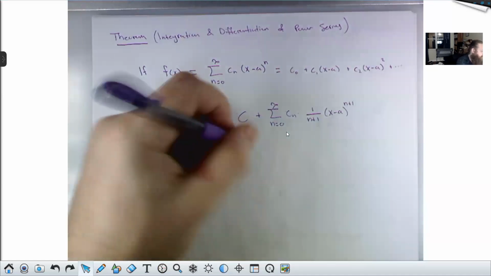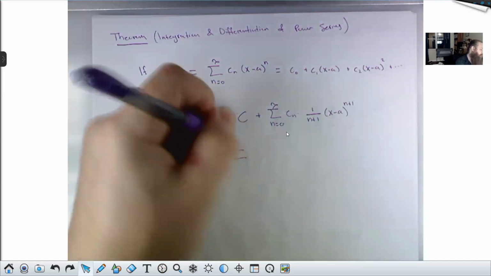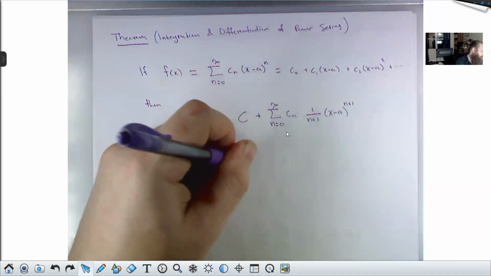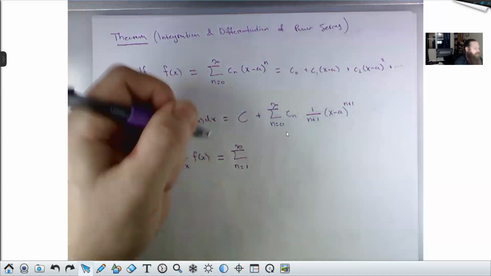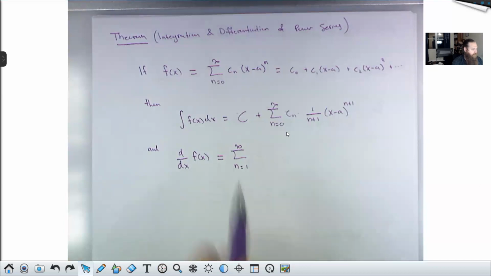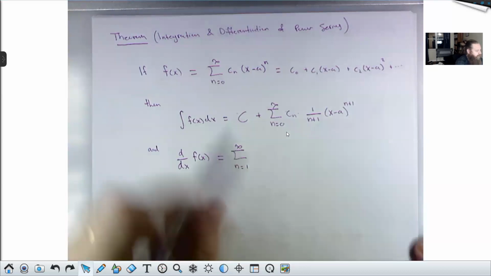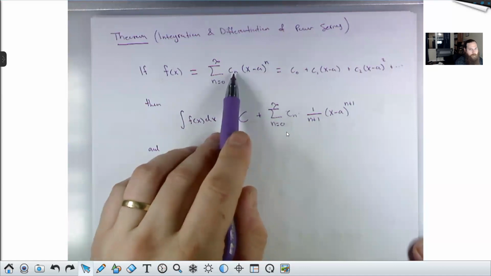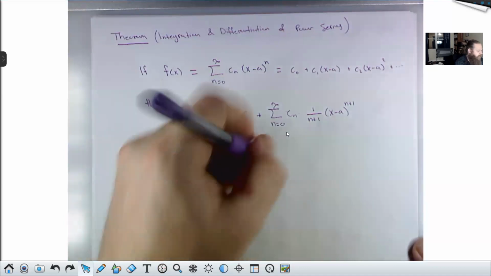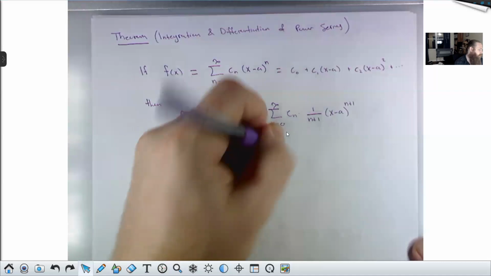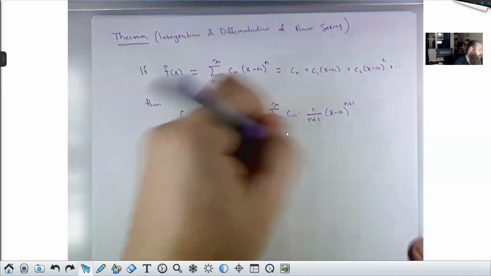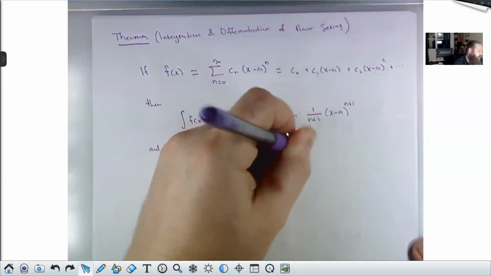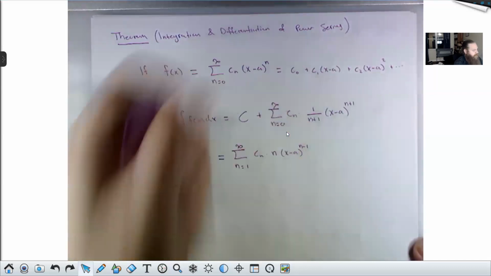So when you differentiate a power series, if that power series has a constant term, the starting index jumps up by 1. Everything else looks how you think it looks. If you differentiate an expression like this, some constant times x minus a to the n, the constant multiple comes along for the ride. You get n times x minus a to the n minus 1.